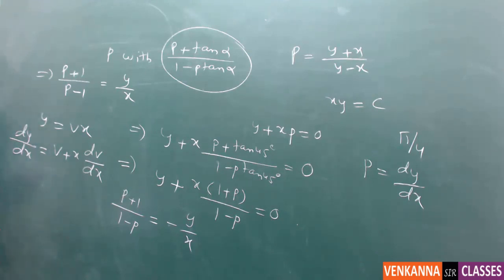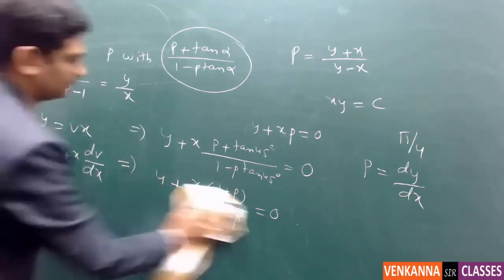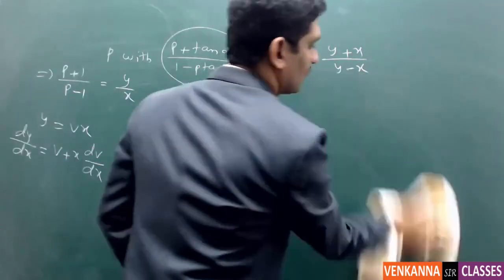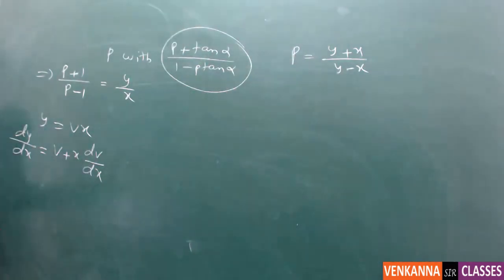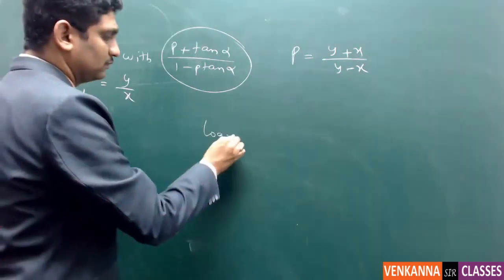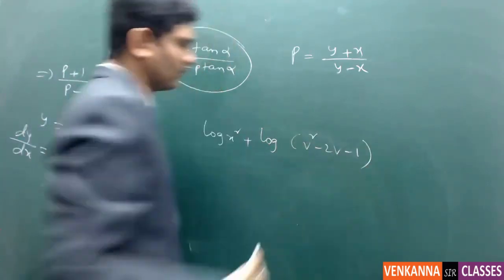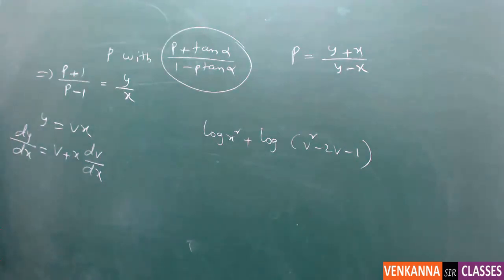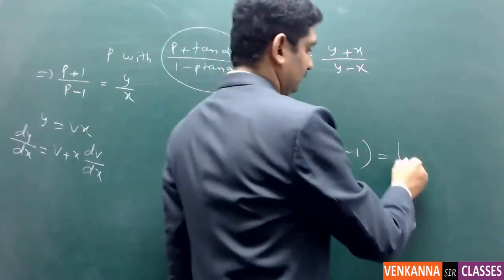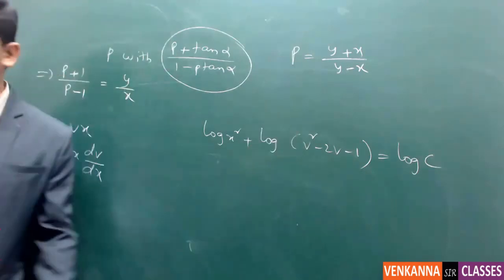So I simply say that, just hold on a second, I will write the solution part 2. Simplification as per your convenience. Just the answer. I will say that log x square plus log of v square minus 2v minus 1 is equal to log c. And you are going to substitute the v value.